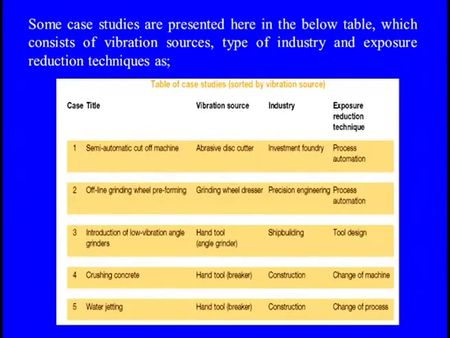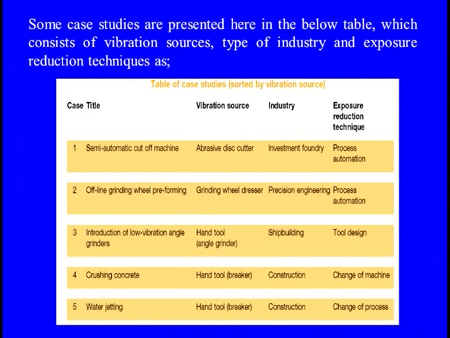You can see on the screen various components through which the vibrations are generated, but a few of them are explained here. One, say, is a semi-automatic cutting machine, a machine in which the cutting operations are semi-automatic, meaning some of the operations are manual.